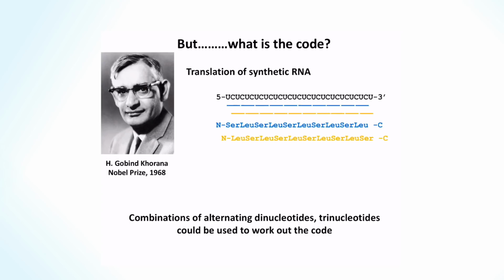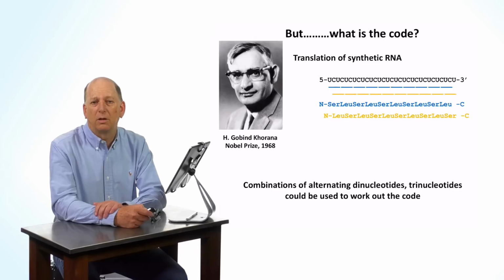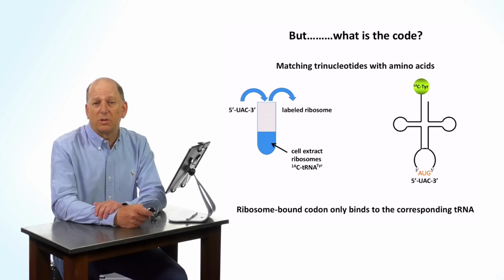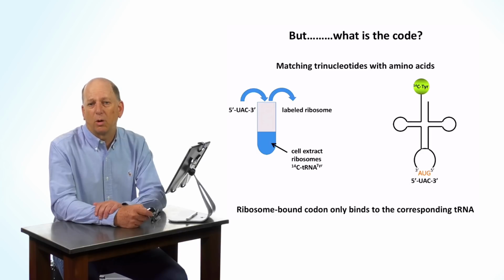Not only did this prove that UCU or CUC encoded serine or leucine, but it also proved that the code was not overlapping. Then someone figured out how to mix a known 3 base pair RNA with ribosomes and a tRNA. Doing this for all of the 3 base pair sequences using each C14 labeled amino acid allowed the code to be definitively worked out.